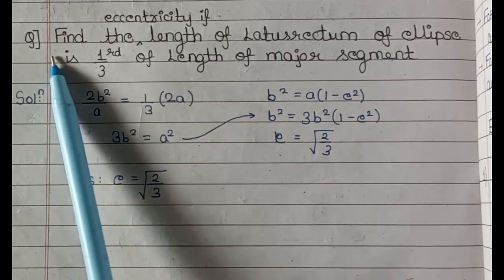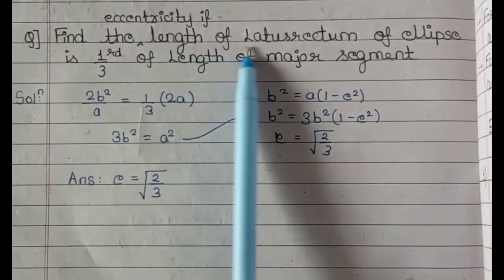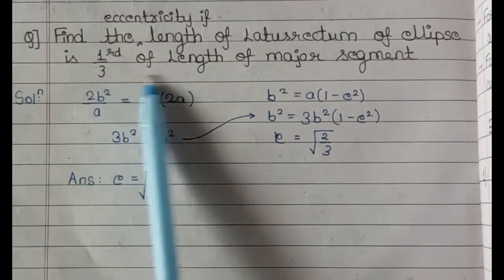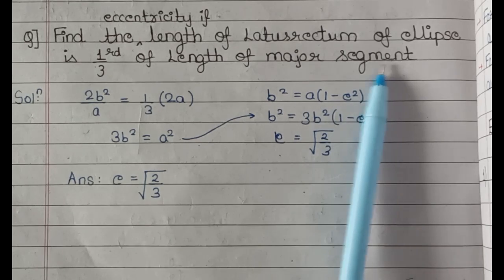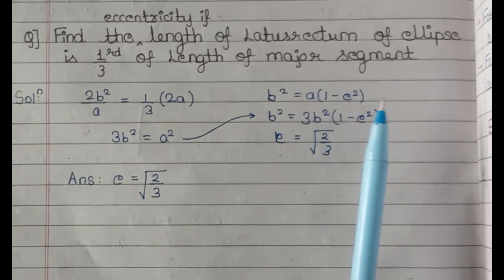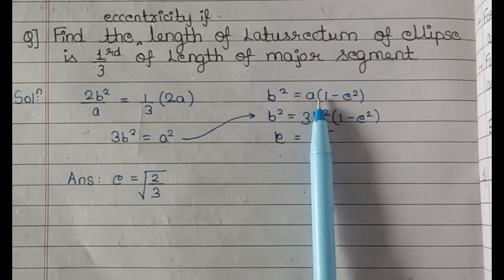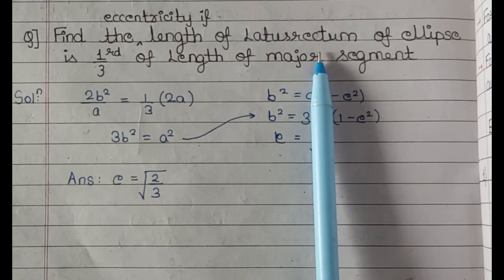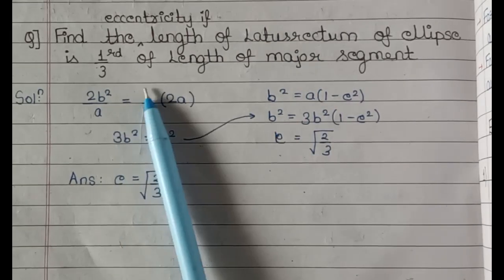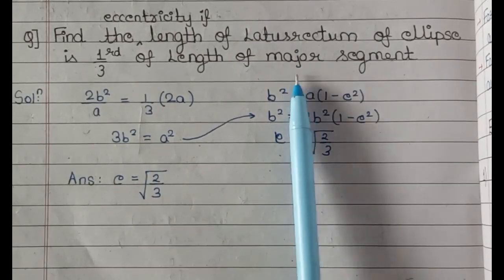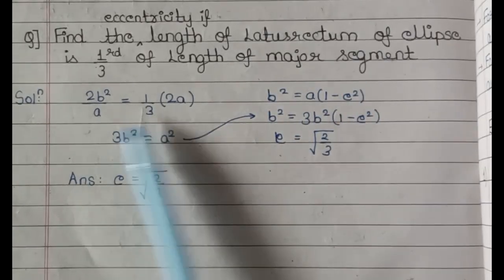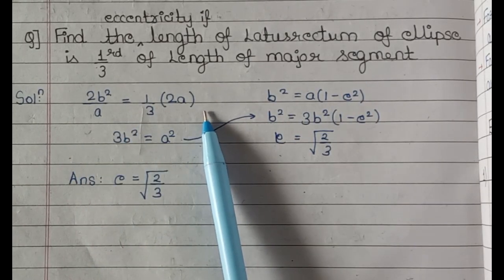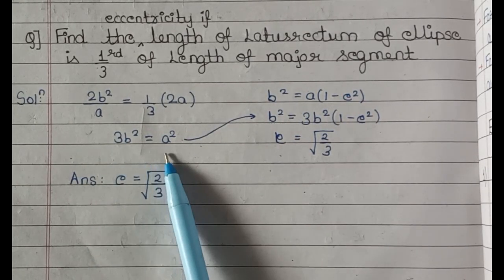The next question is, find the eccentricity if the length of the latus rectum of the ellipse is 1/3 of the length of the major segment. In this question, we are given directly what we have to find and the condition for finding it. So for the latus rectum, we know it is 2b square by a, and it is 1/3 of the length of the major segment. The major segment's length is 2a. So by using the equation, we can get 3b square is equal to a square.